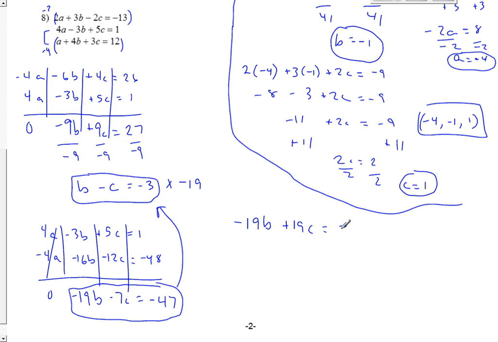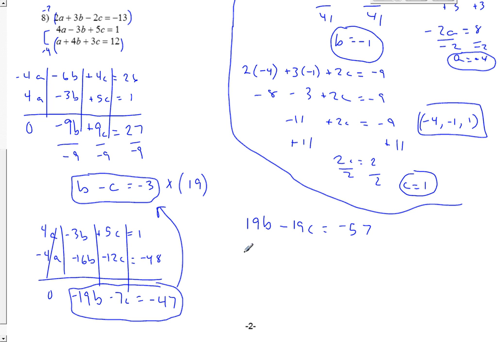Negative. Okay, I realized I should multiply by positive 19. Going to multiply by positive 19. So that would be 19b minus 19c equals negative 57.